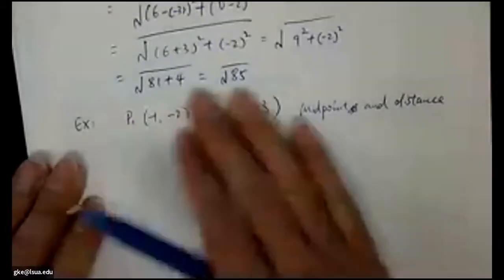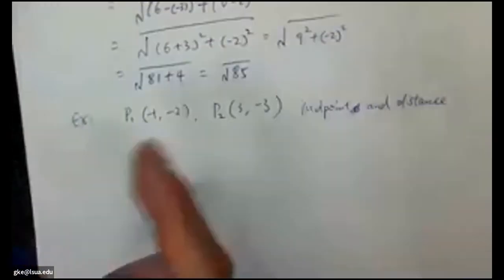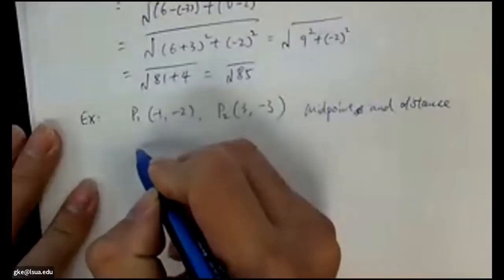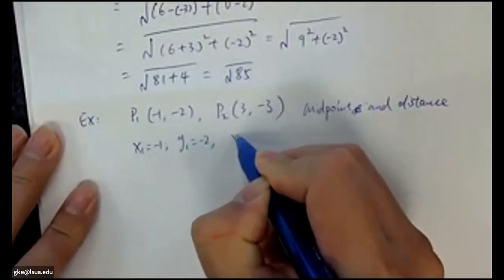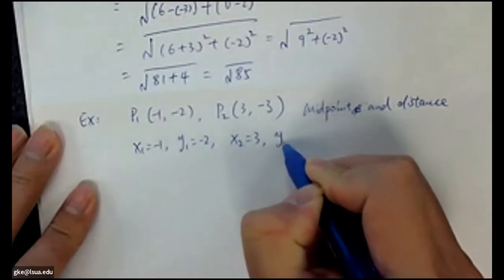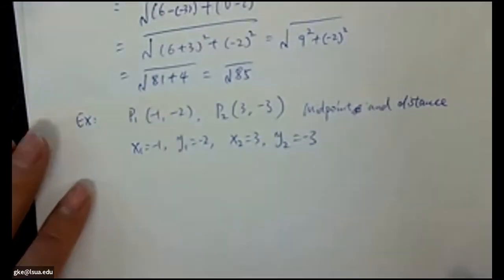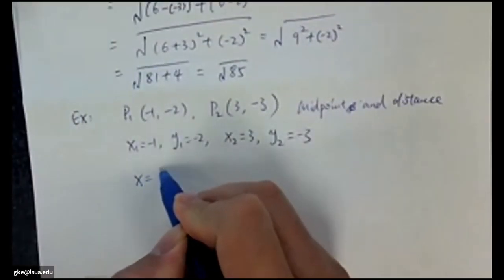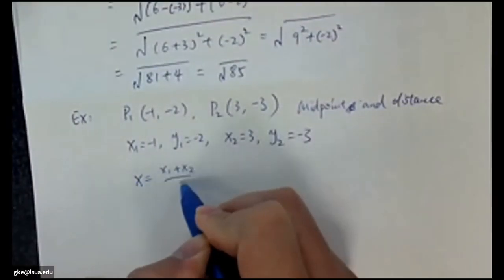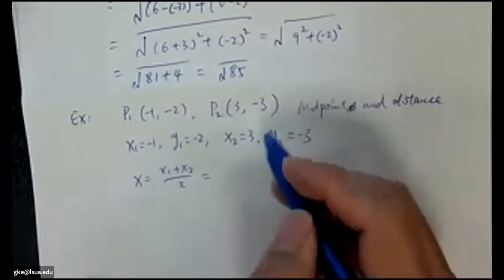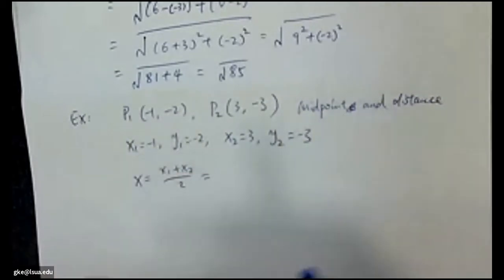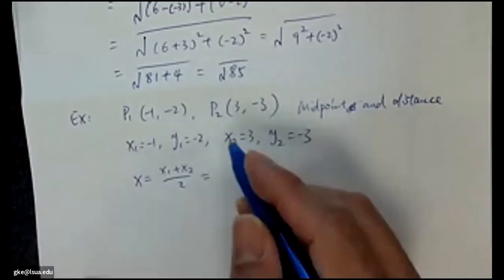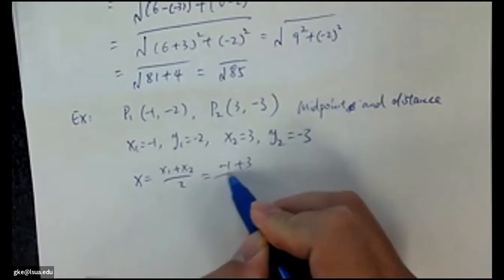So we have 2 points. The first step, write down x1, y1, x2, y2, right? And then follow the midpoint formula: x1 plus x2, the average of the x coordinates.